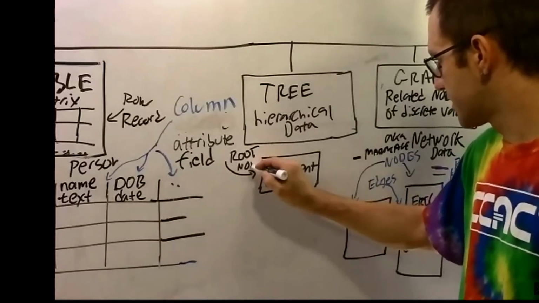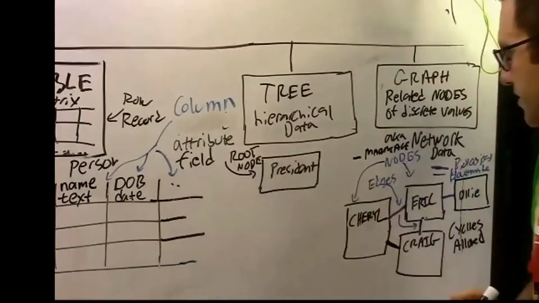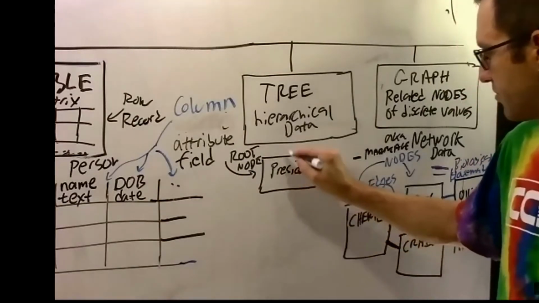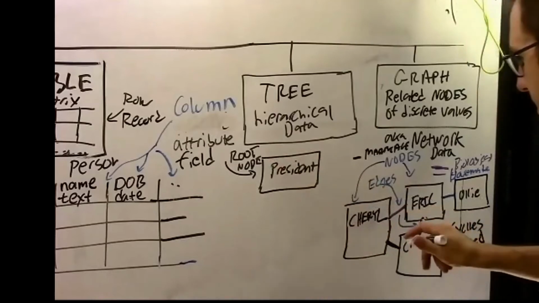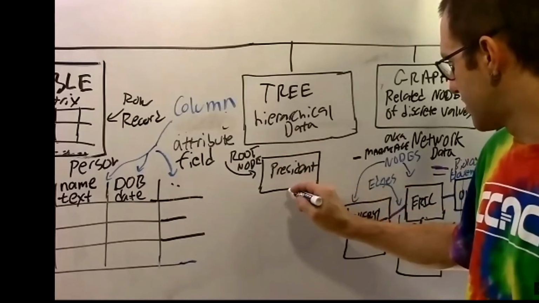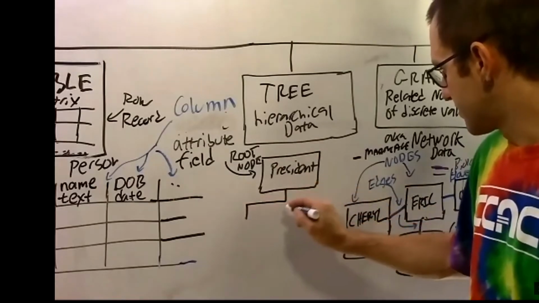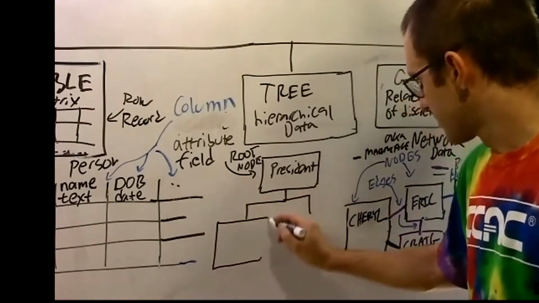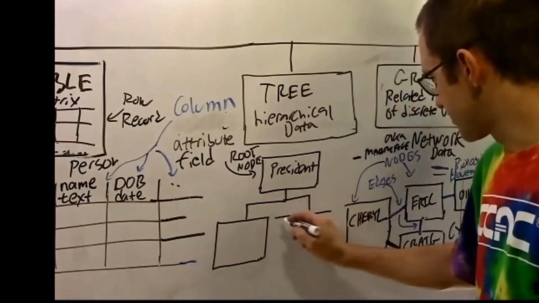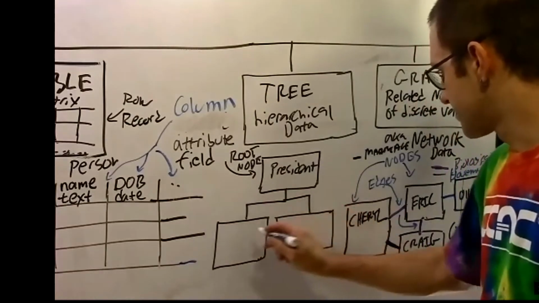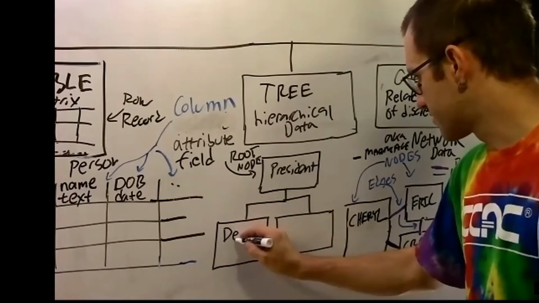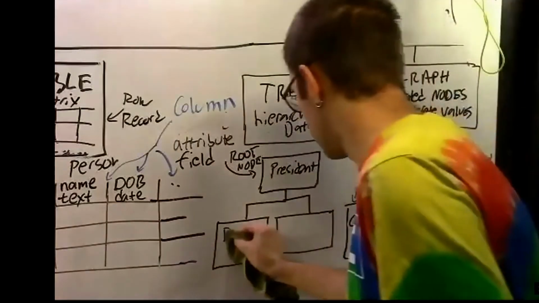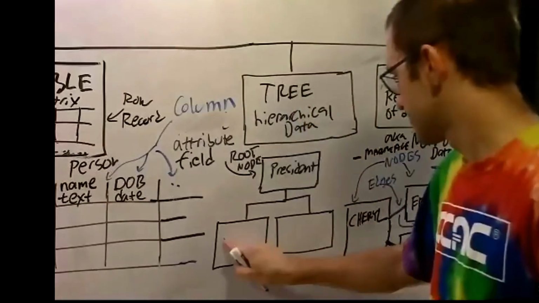By definition, a tree has a starting point, a root node. And then we describe in graph theory, a related node is called a child. They use human family organizational terms to describe these. So these would be provosts.